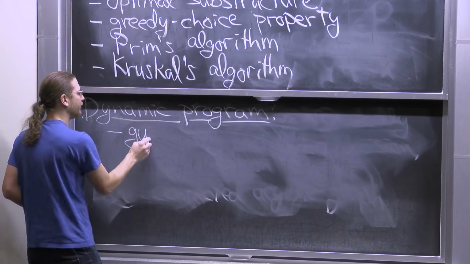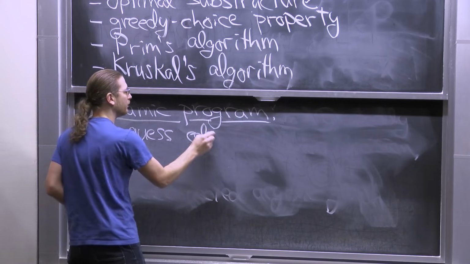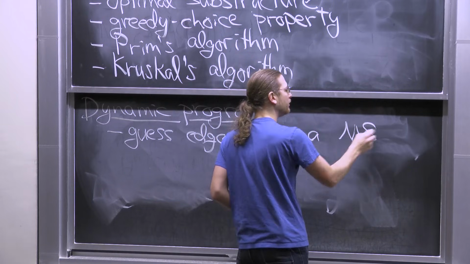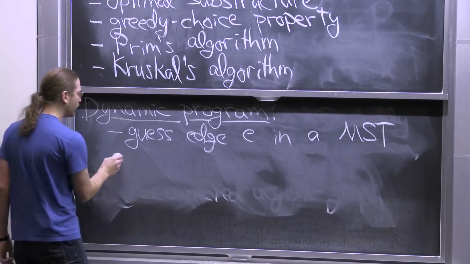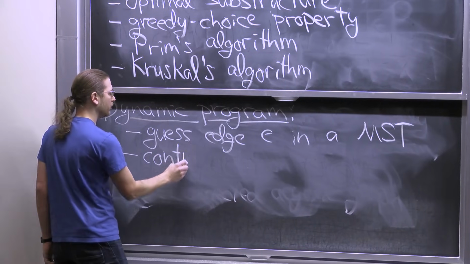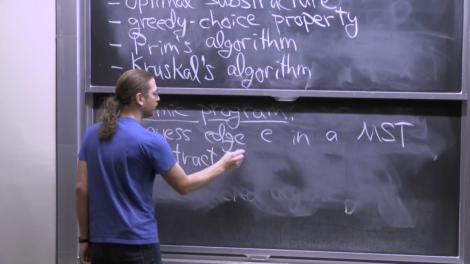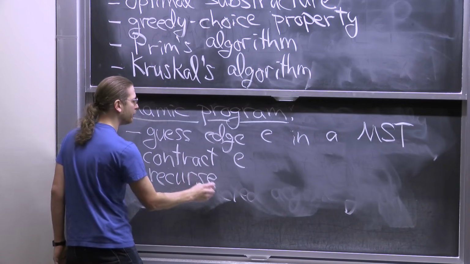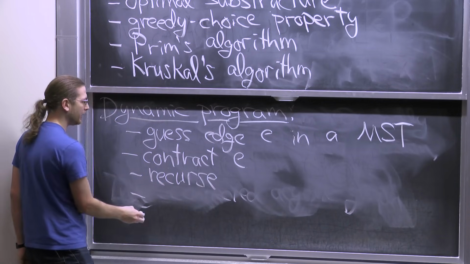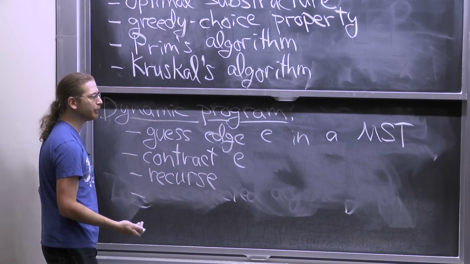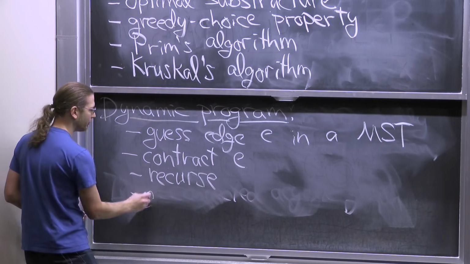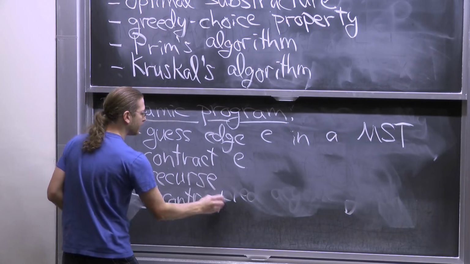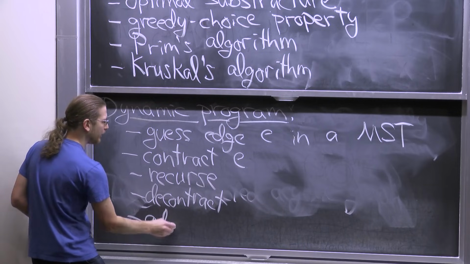We're trying to guess an edge E that's in a minimum spanning tree. Then we're going to contract that edge. Then we're going to recurse, find the minimum spanning tree on what remains. Then we want to decontract the edge, put the graph back the way it was, and then add E to the minimum spanning tree.